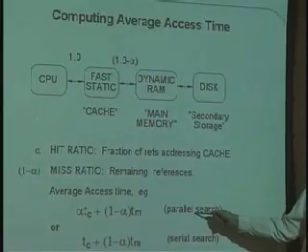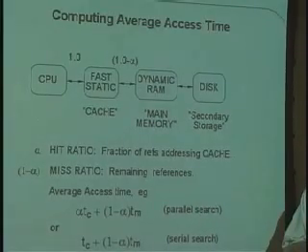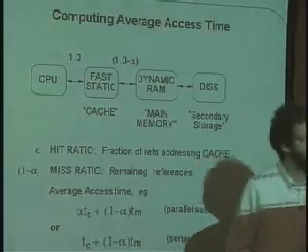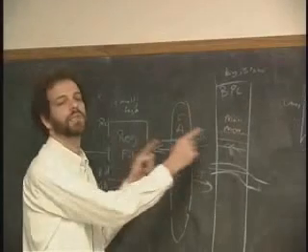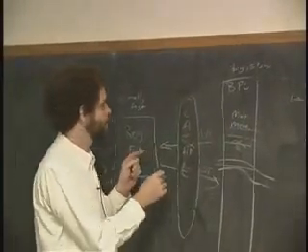Now, this is for a circumstance which is called a parallel search. What that means is that the computer, when it does a load, searches the cache and the memory at the same time. So let's say that it's searching for location 100.